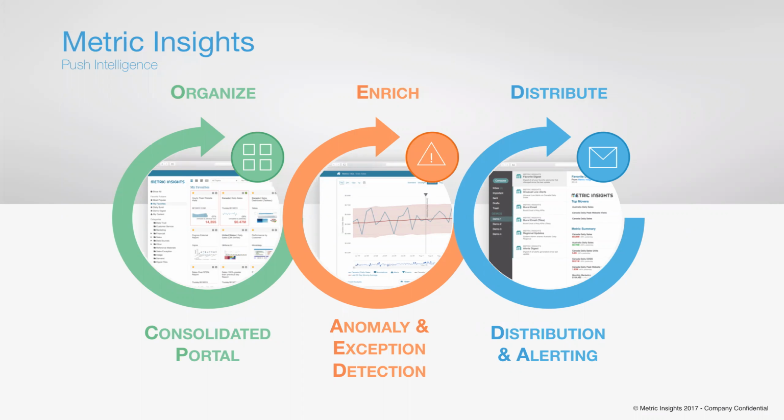And you'll see that the 5.3 release that we're going to talk about today, we've addressed some enhancements in each of these areas, but essentially it falls into the ability to organize your content that you have out there, reports, metrics, data, through our consolidated portal. It's the ability to enrich that content by automatically uncovering anomalies and exceptions in your data, and then having a meaningful way of distributing that to users.